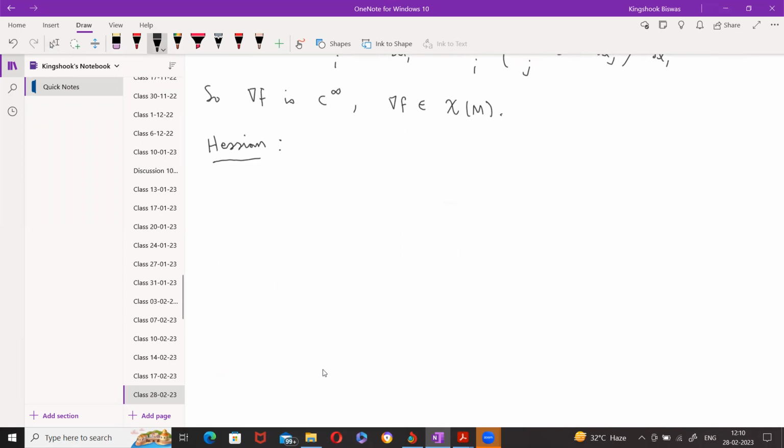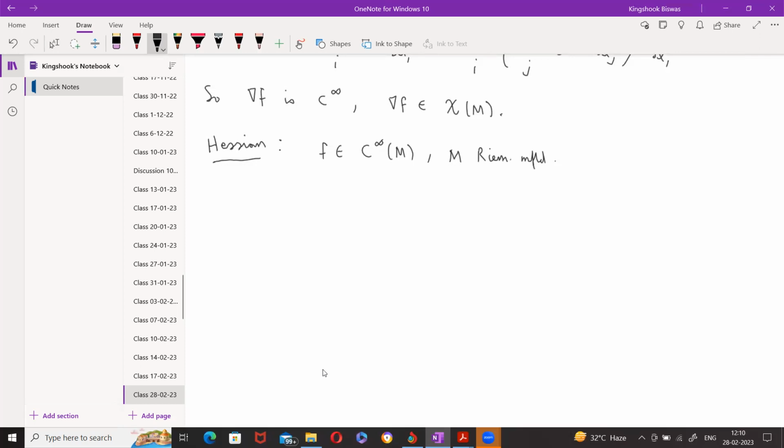We saw in R^n, when we looked at the second derivative of a smooth function on R^n, at each point that was a bilinear function from R^n cross R^n to R. So similarly, if I take a smooth function on a Riemannian manifold, then we can define at each point a bilinear functional on the tangent space, which plays the role of the second derivative of f.